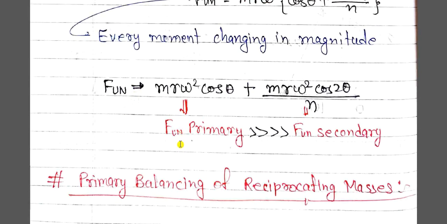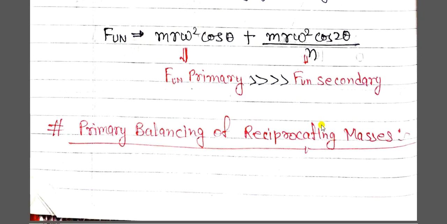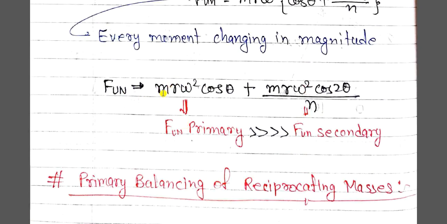So here we have two parts, primary and secondary. This one is mr omega square cos theta, but this one is mr omega square cos 2 theta divided by n, and n is a large quantity. If you remember, n was the ratio of L by R, where L is the connecting rod length and R is the crank radius. Because n is large, the secondary force is very small in comparison with the primary force.